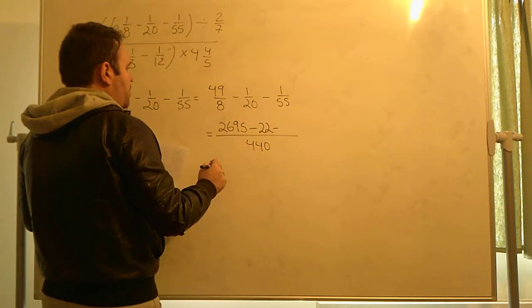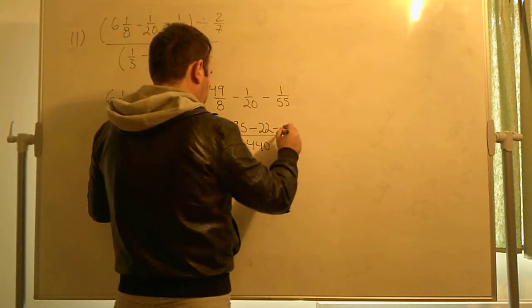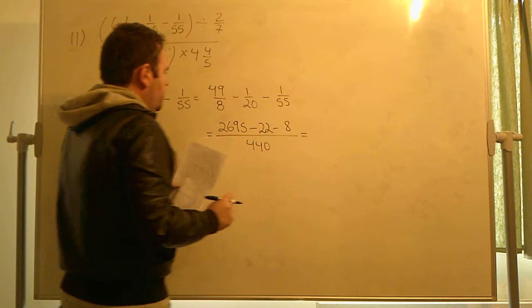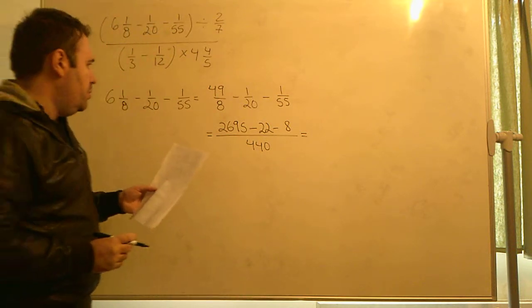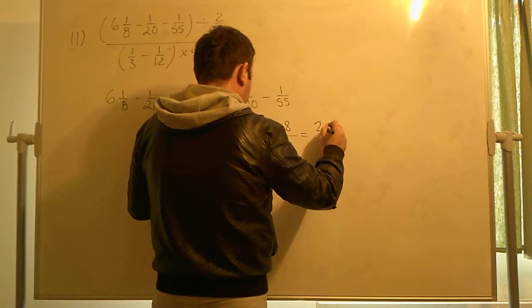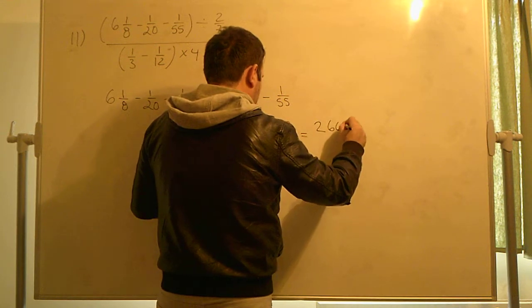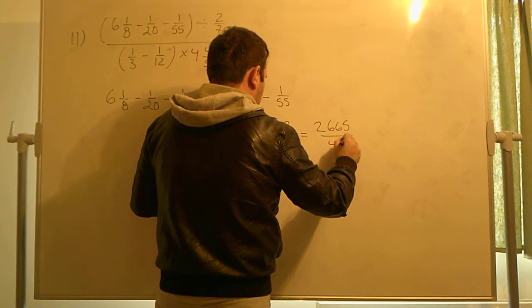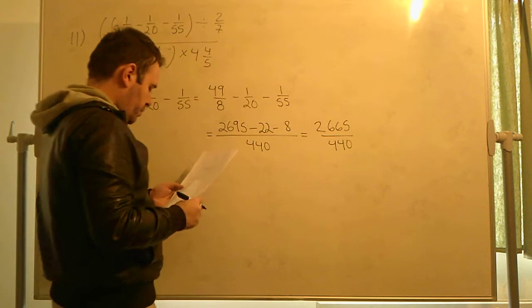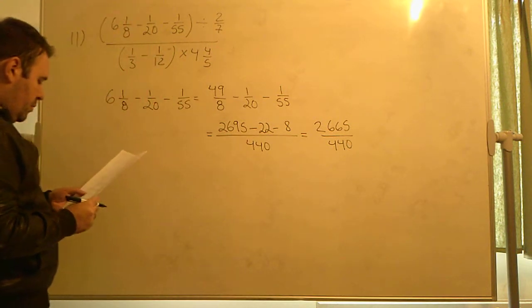Minus 440 divided by 55 is 8 times 1, 8. So this would be 2665 divided by 440. Okay?